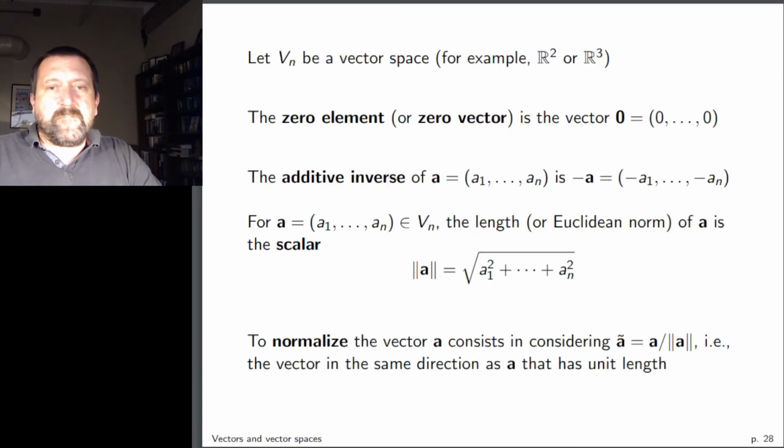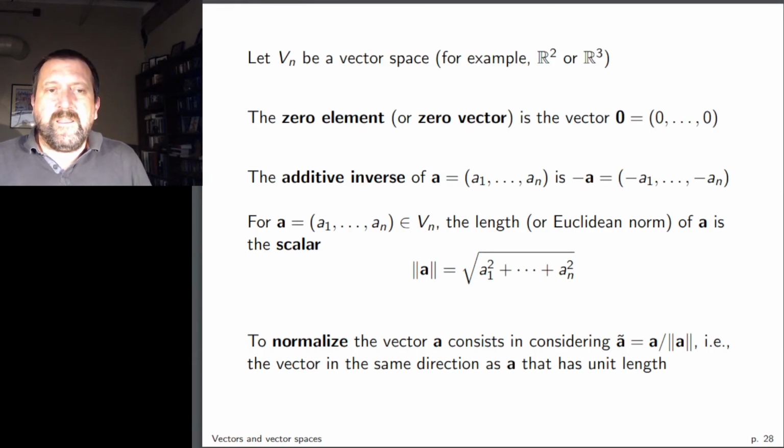Now, to exhibit a few particular vectors, let's call Vn a vector space and say it's R3 or R2. Then we call the zero element or zero vector the vector composed only of zeros.